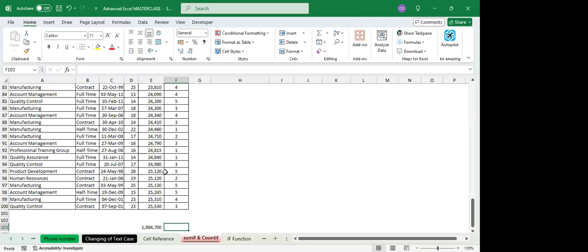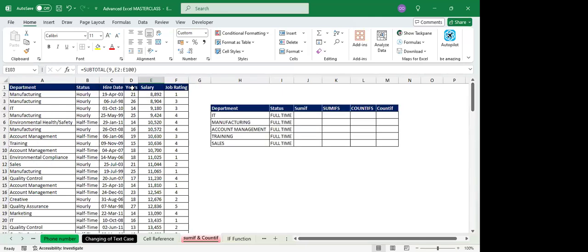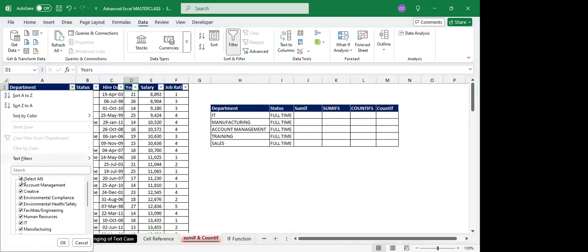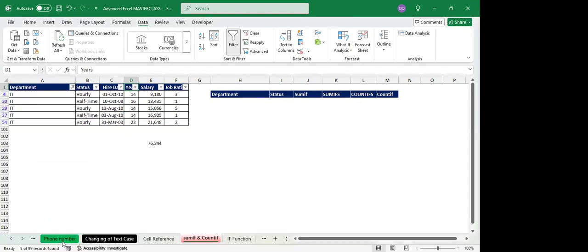You can see. Now, if I go back and filter this, and I need only IT, if I come to filter, select all, and I select IT, you can see that it has done only for IT for me, and I have 76,244.